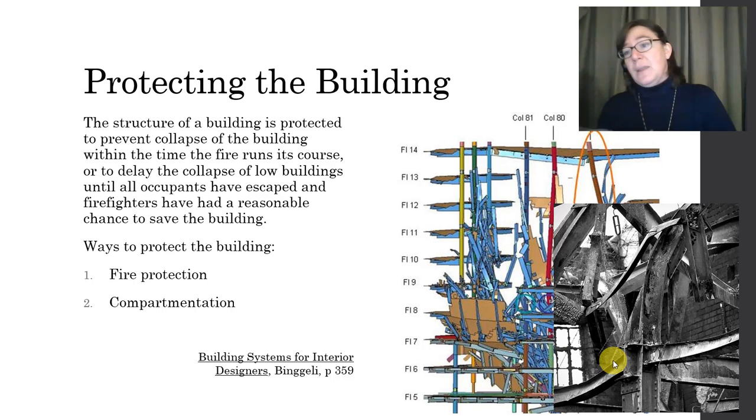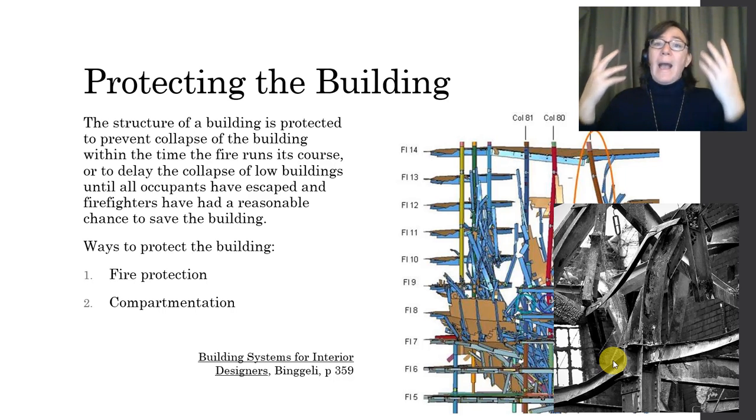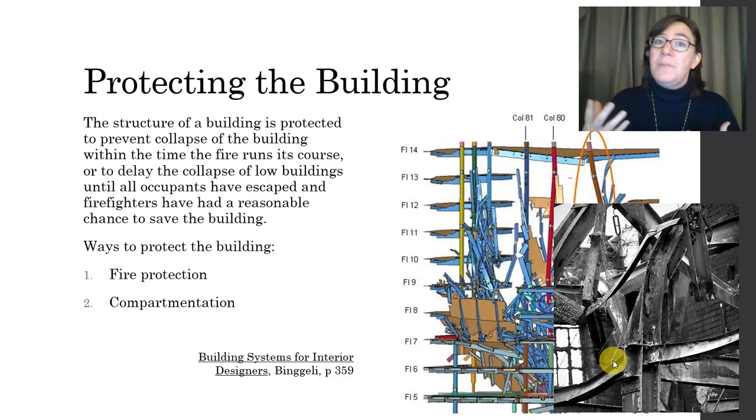Here are some illustrations of how the structure of the building did eventually collapse in this massive attack and fire event that happened. But it took a long time for the structure to heat up and for all of the passive fire protection systems to fail in that building.